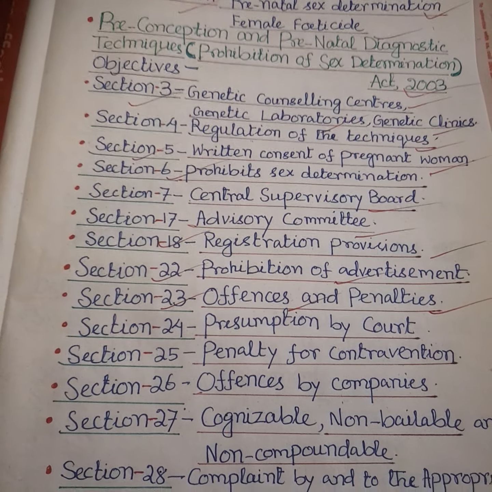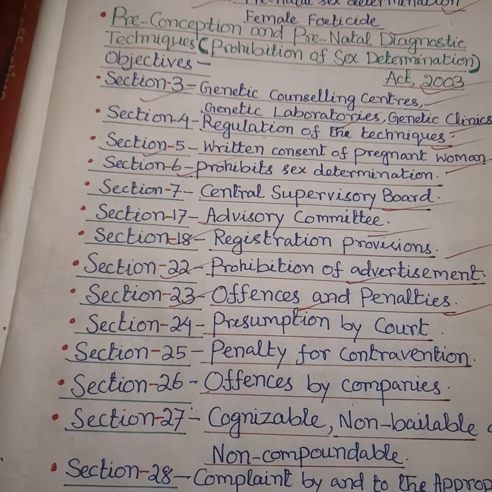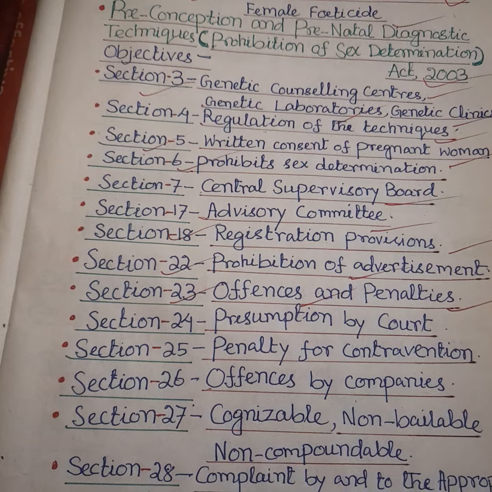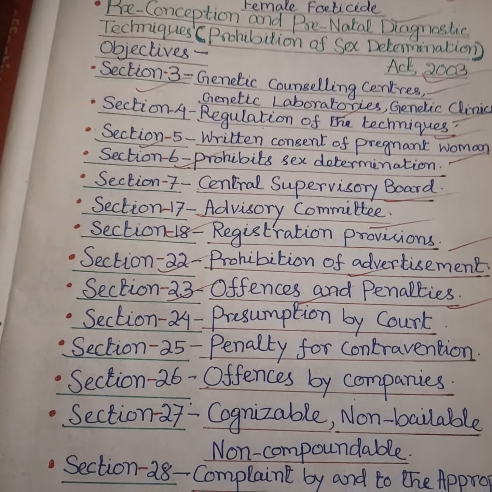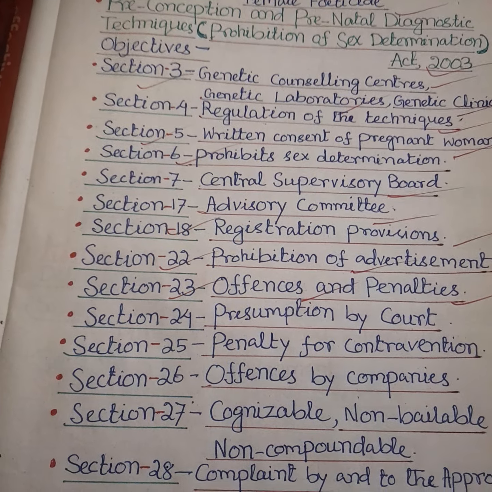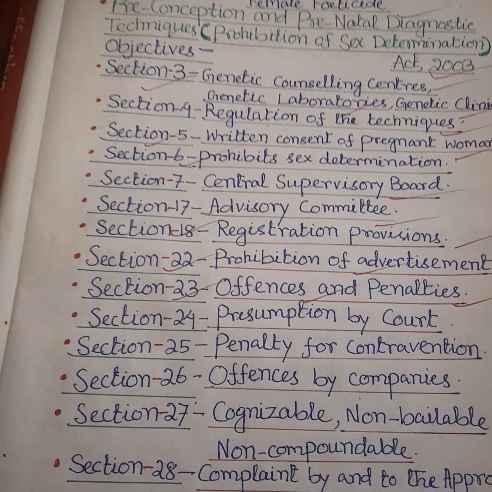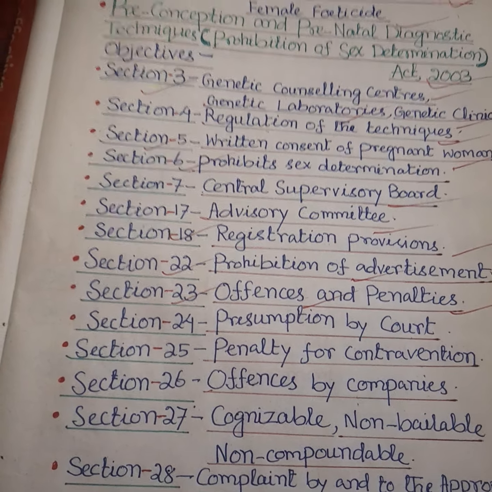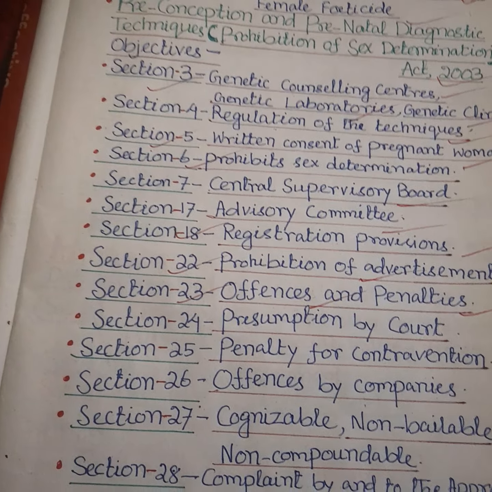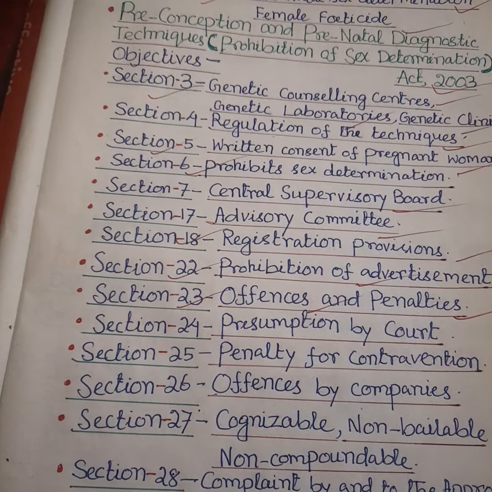So it provides that any medical geneticist, gynecologist, registered medical practitioner, or any person who owns a genetic counseling center, a genetic laboratory, or a genetic clinic and renders professional or technical services, whether on an honorary basis or otherwise, and who contravenes any of the provisions of this Act or rules made thereunder, shall be punishable with imprisonment which may extend to 3 years and with fine extending to 10,000 rupees, and on any subsequent conviction with imprisonment which may extend to 5 years and fine extending to 50,000 rupees.